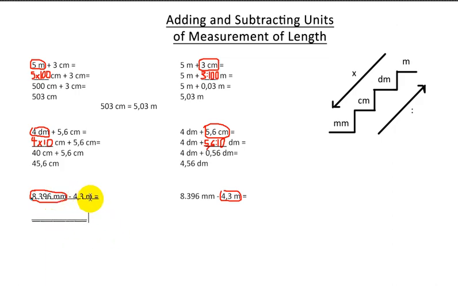So we want to turn this into the same as this, so meters. And then we say minus 4.3 meters equals. What do we need to do to turn 8,396 millimeters into meters?